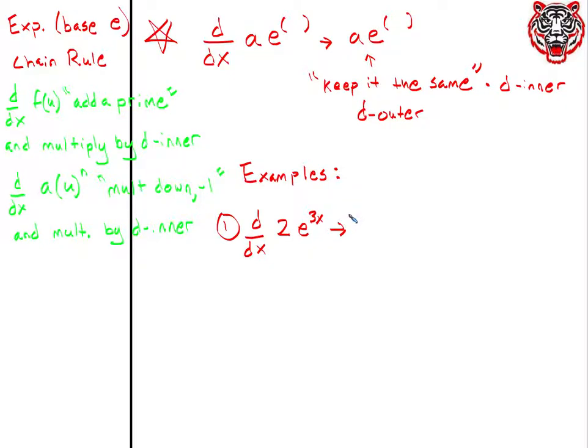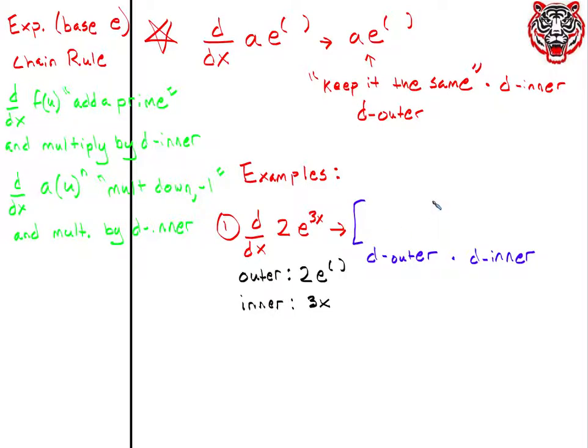I want to analyze this a little bit more. So outer, in this case, is 2e to some power, and then the inner is 3x. So from here, I'm going to take the d outer, so the doubter, and I'm going to multiply that by dinner. Here we go.